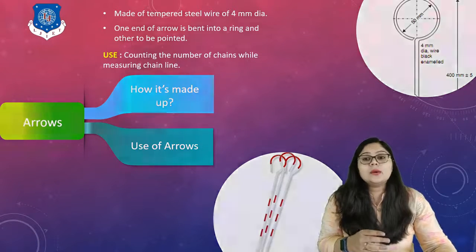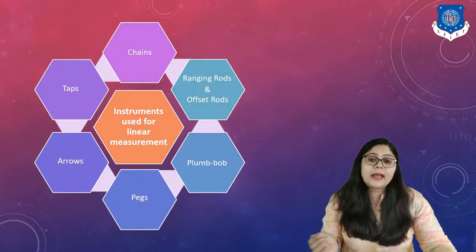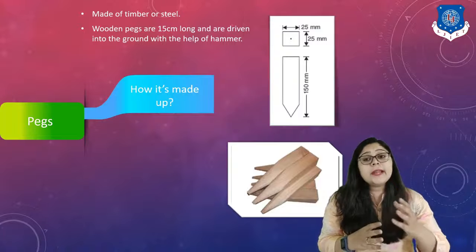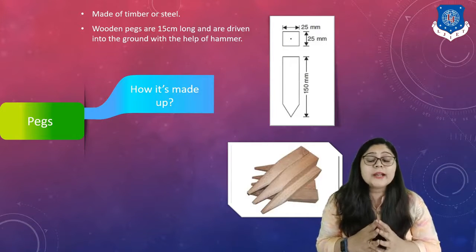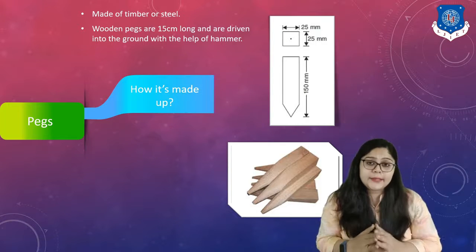Now, the next instrument for linear measurement is the peg. So again, the question is the same, how it's made up. Generally it is made of timber or steel. Which type of peg should one carry?